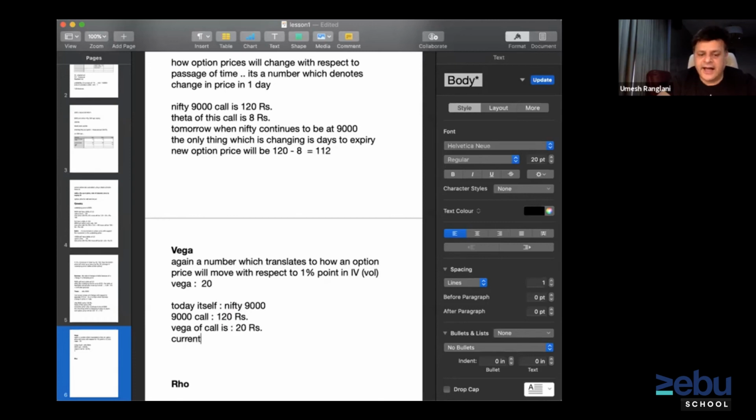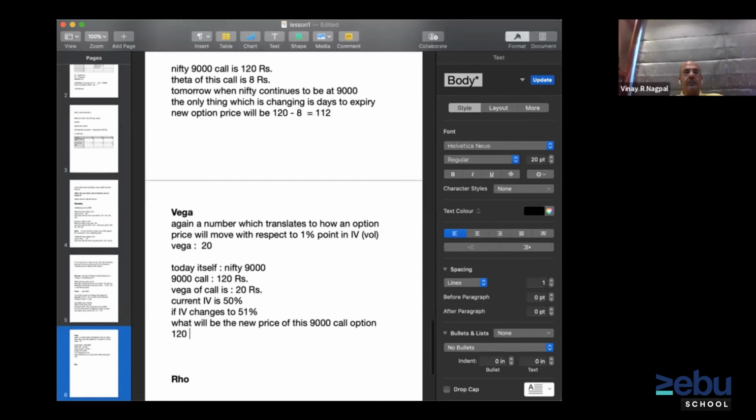And current IV is, let's say, 50%. Now I say that if IV changes to 51%, what will be the new price of this 9,000 call option? So what's the answer? 120 was the old price.